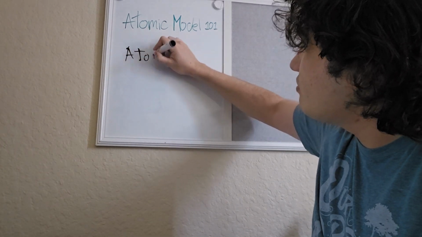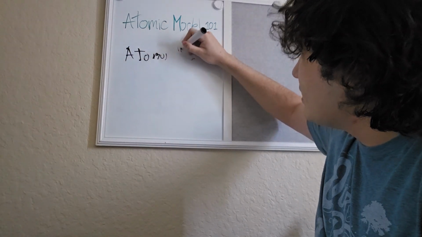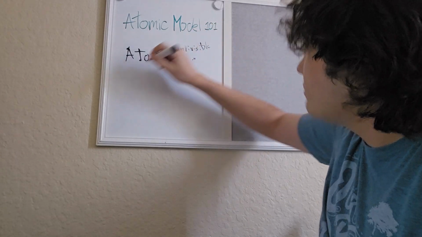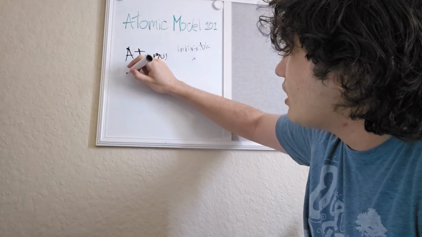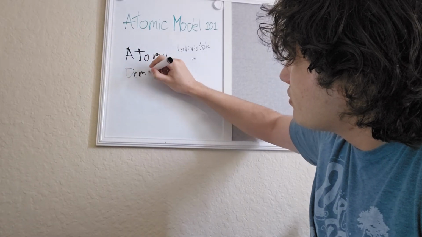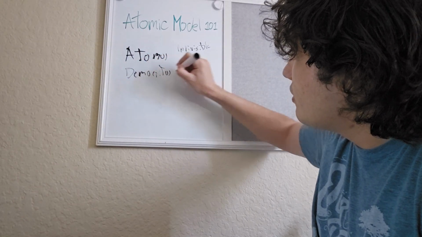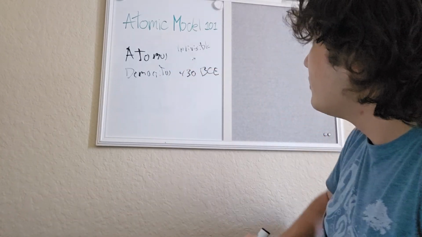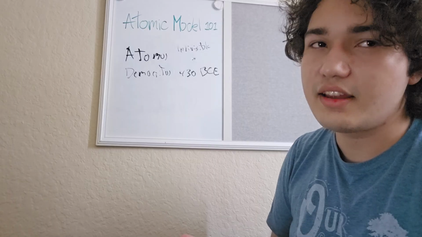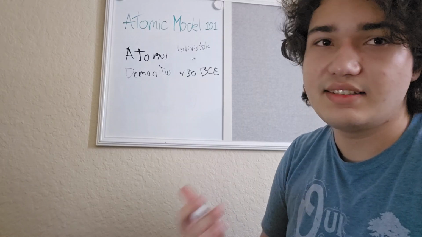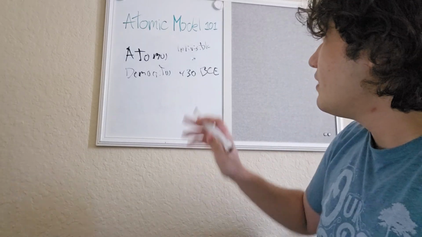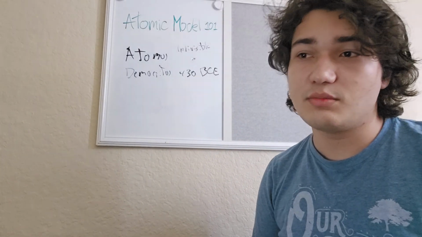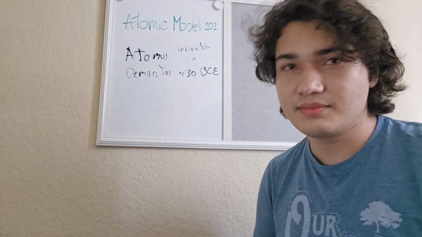Now, what atomos means is basically indivisible, because at the time, the person that theorized about them, that being Democritus, back in 430 BCE, aka before Common Era, or if you are religious, BC, before Christ, he believed that atoms were indivisible, that you could not simplify the atom or divide it into separate things.